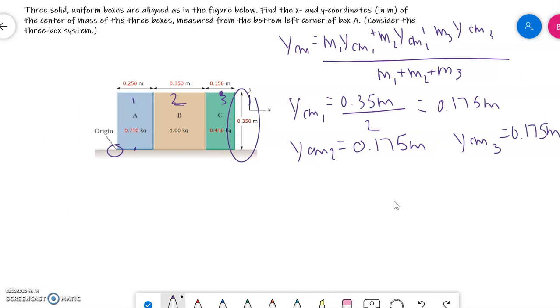We are now ready to go back into our center of mass equation for the y-coordinate to find our final answer. So mass 1, 0.75 kilograms, times the y-coordinate of the center of mass for mass 1, 0.175 meters, and then the same for mass 2 and mass 3.